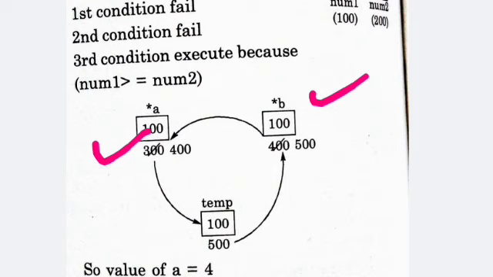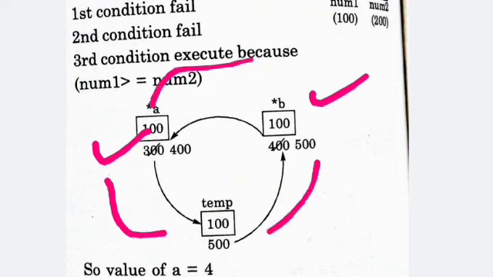Now call the function swap3. So we get here, when putting the value, temp is equal to a, and a is going to be b, and b equal to temp, means this is equal to this, this is equal to this, and this is equal to this.